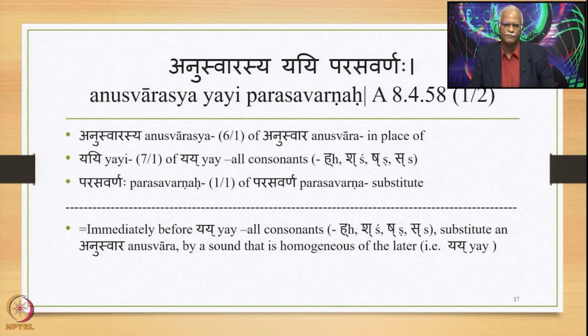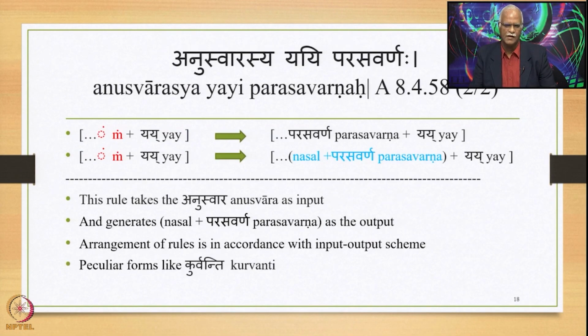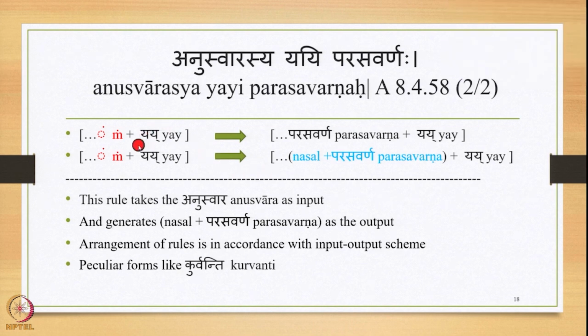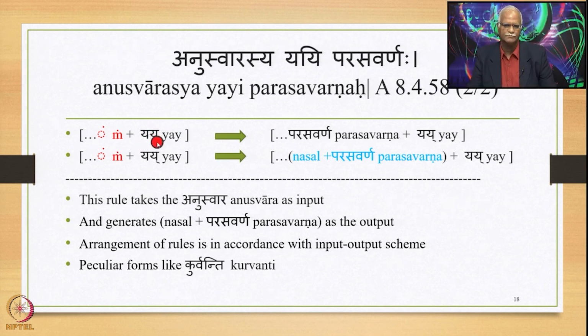So for example, if you have m coming at the end and followed by yai, the sutra 8458 would apply, and then the output generated would be parasavarna plus yai.